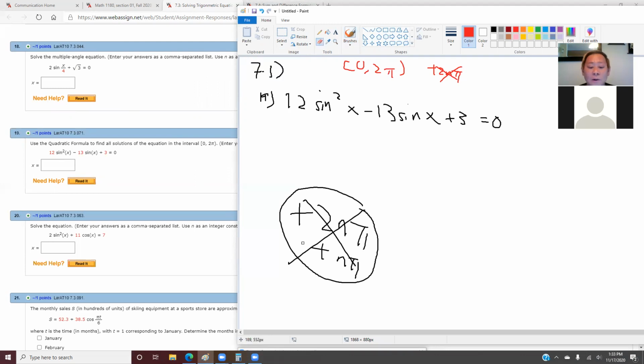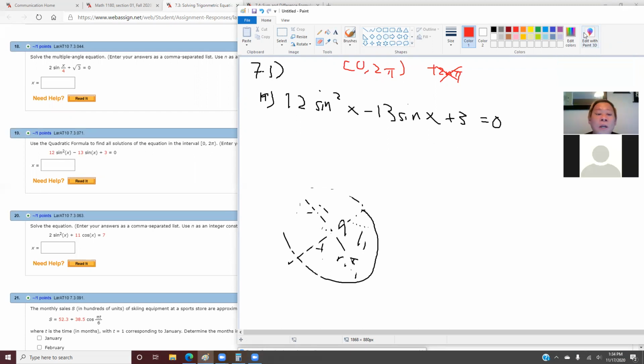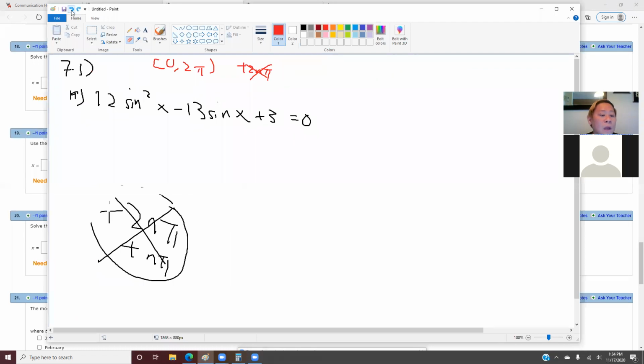Make sure you know this, because on the test I will ask one question in 0 to 2 pi and the other in the 2n pi one. We call it the general form.